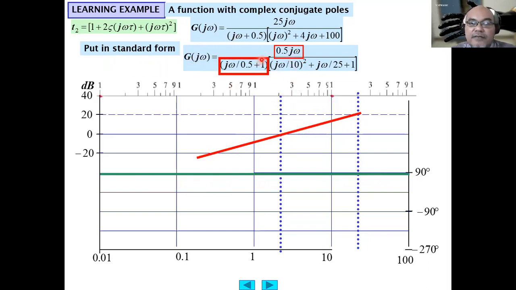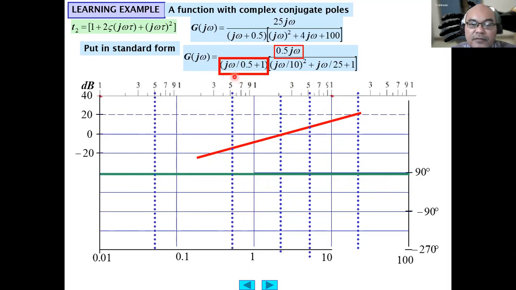Then we have j omega divided by 0.5 plus 1. The break frequency, the corner frequency, is at 0.5 radian per second. Before that, the asymptote is at 0 decibel.